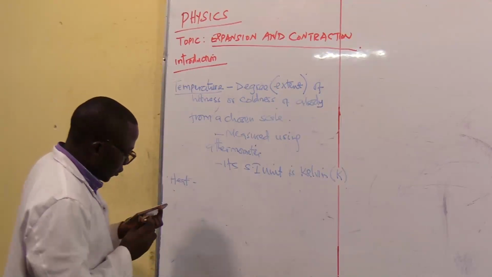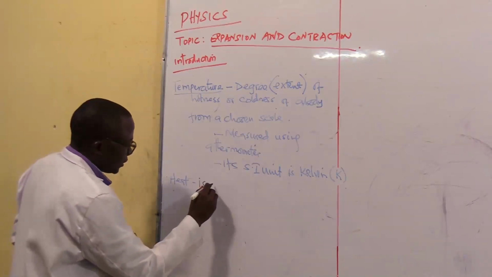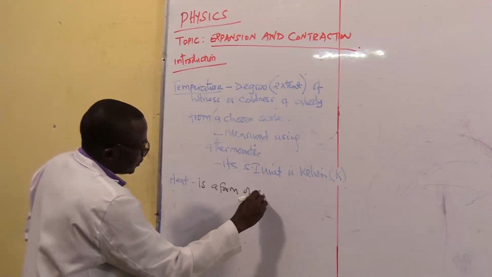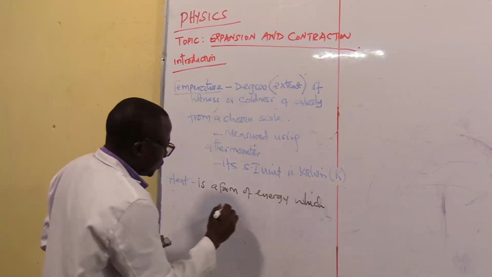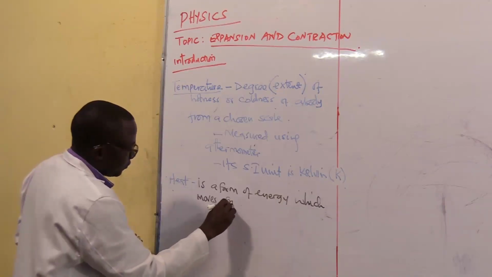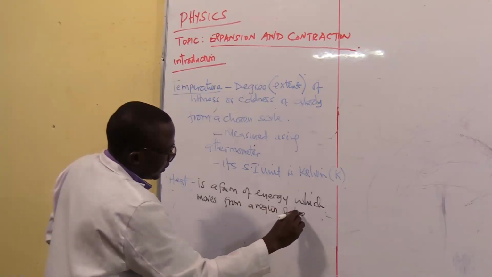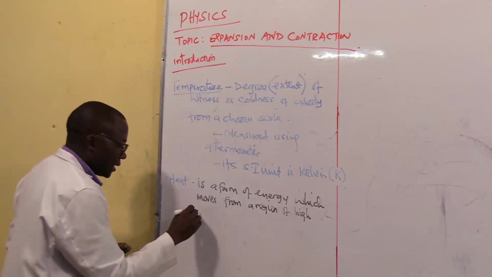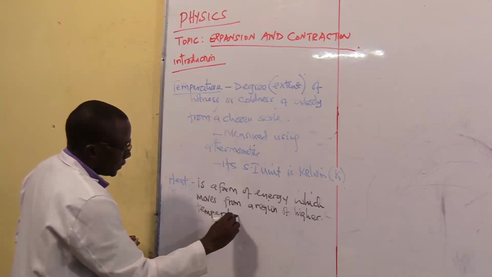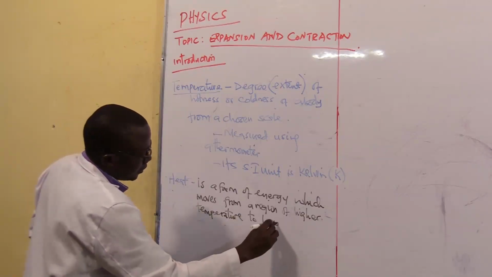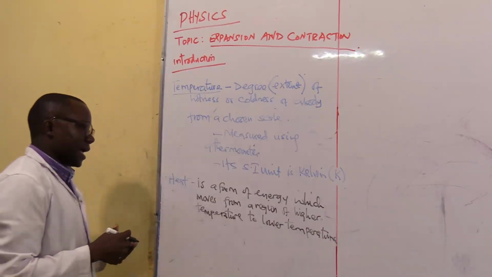That is which moves from a region of higher temperature to lower temperature. It normally moves from a region of higher temperature.